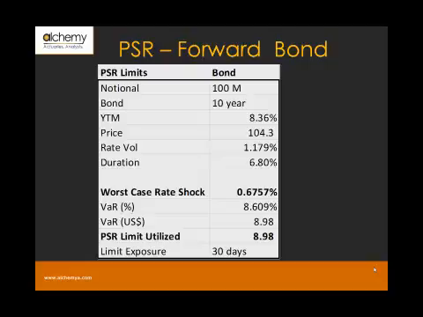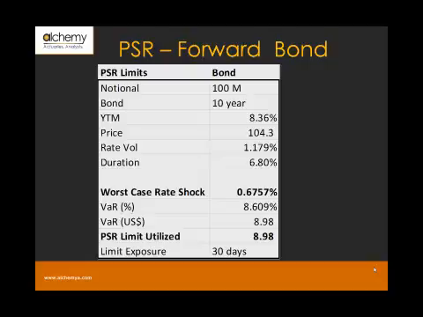Let's say the yield to maturity on that bond is about 8%. The price is about 104. The underlying rate volatility for the 10-year rate is about 1.17%. The duration of the bond is about 6.8. Now, based on the value at risk framework that we had presented earlier, what you're really saying is, look, if rates go up or come down, we are likely to see a movement of up to 0.6757%.